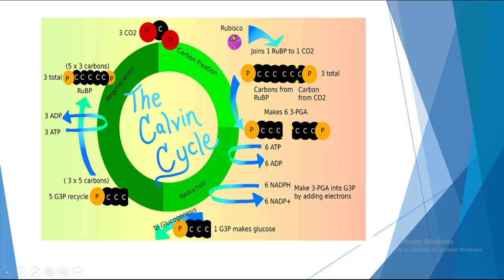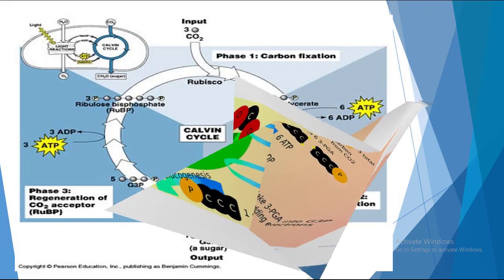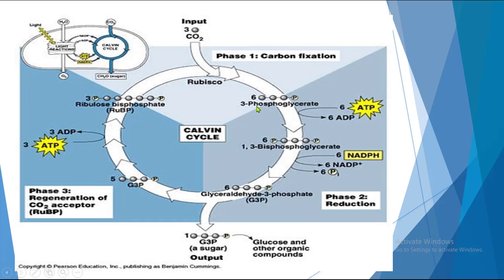Rubisco helps in combining ribulose bisphosphate with the carbon dioxide molecule, and it forms a temporary 6 carbon compound which splits into 2 parts, forming a compound which, in this slide you can see, is 3-phosphoglycerate.